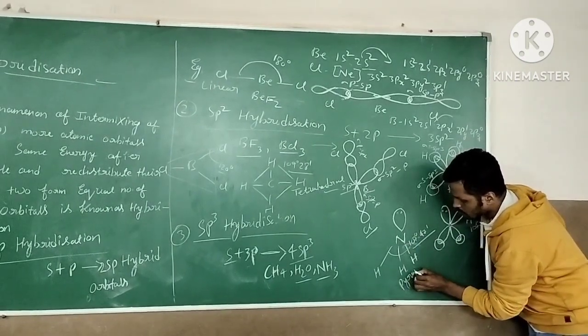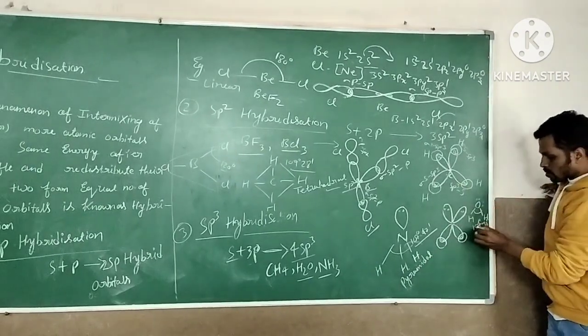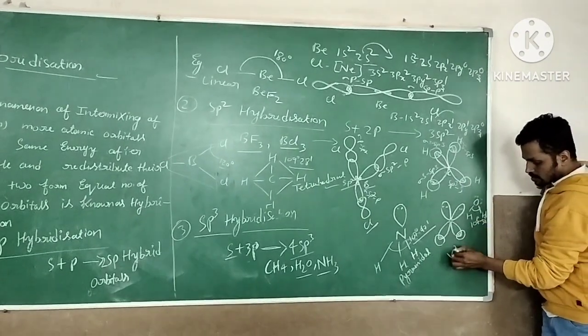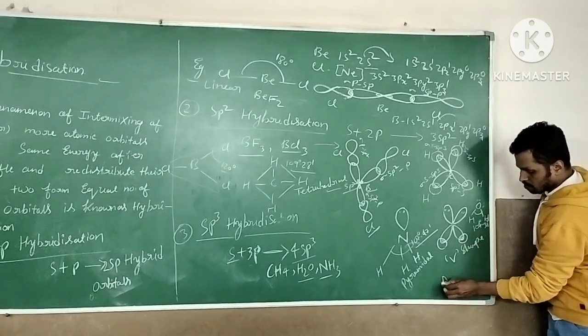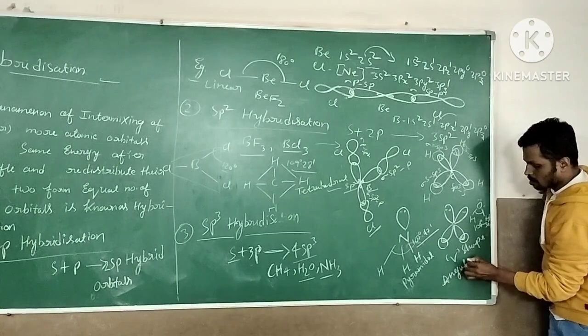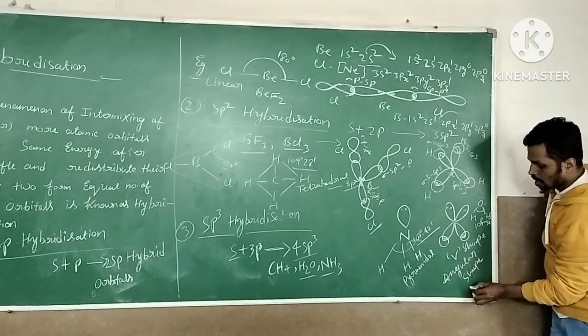In the water molecule, already you know, it is V shape, or angular shape, or bent shape.